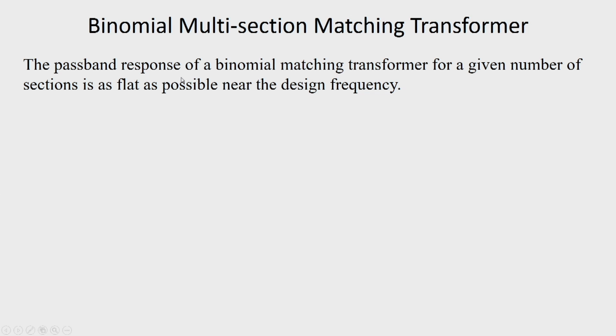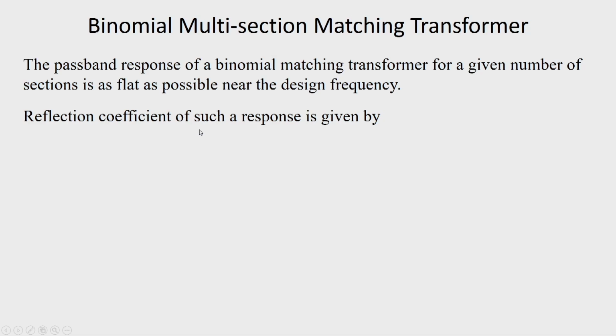Now, the passband response of a binomial matching transformer for a given number of sections is as flat as possible near the design frequency. So, that is why it is also called maximally flat response.